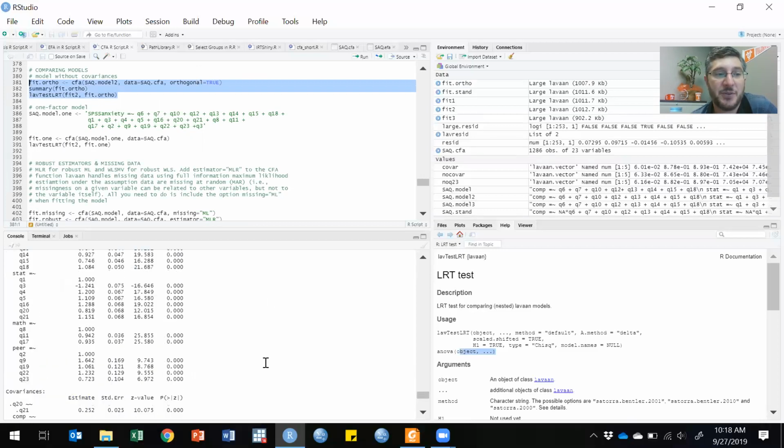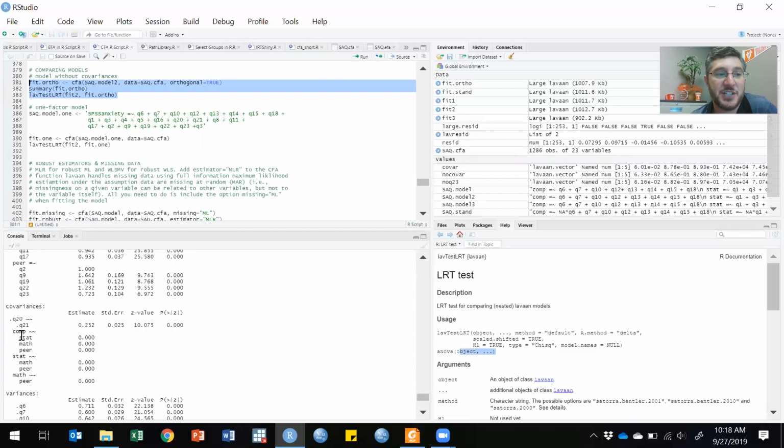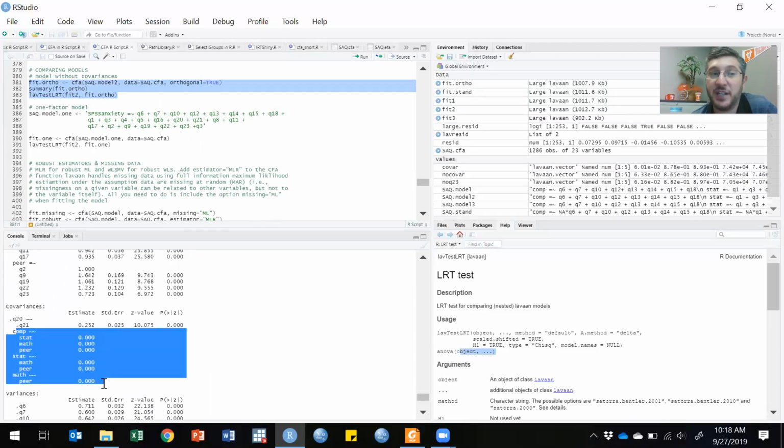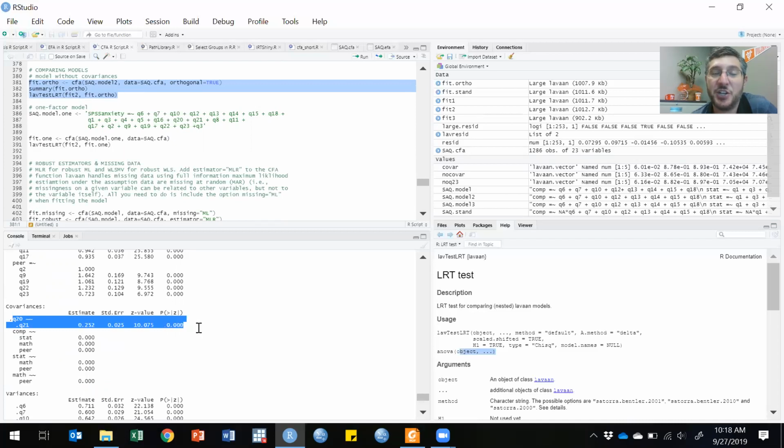Here we go. Notice there's no covariation between the factors. We still have the covariance between question 20 and 21 because we explicitly asked for it.